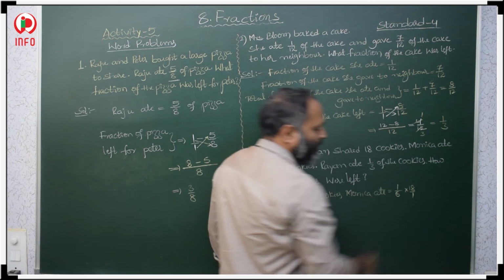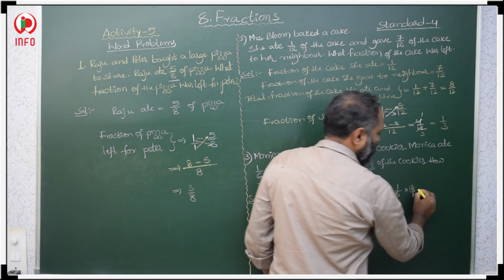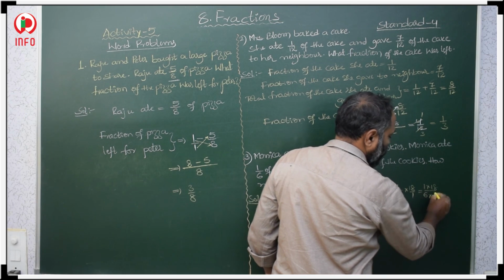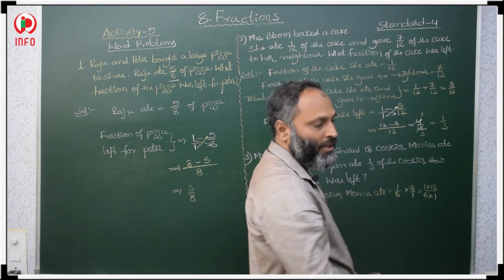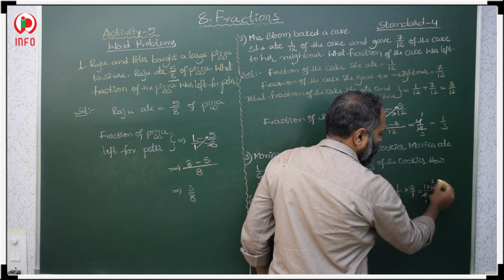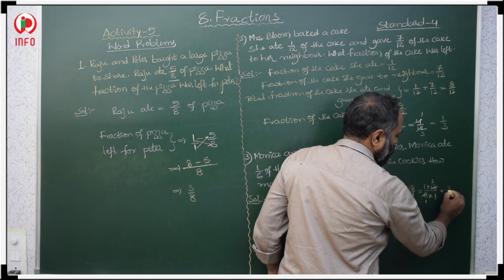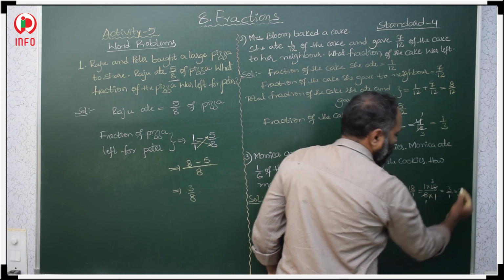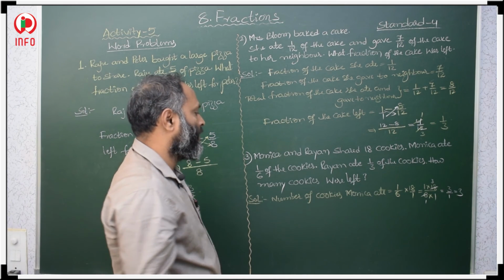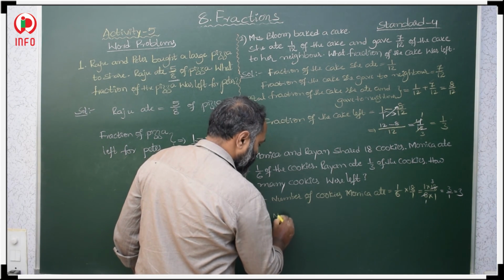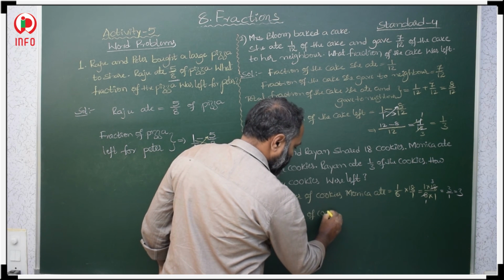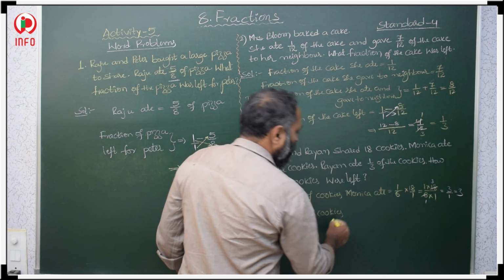There is no denominator, which means it is over 1. Then 1 times 18 by 6 times 1. These two have a common factor, cancel with 6. 6 ones are 6, 6 threes are 18. Then 3 by 1 is 3. 3 cookies she ate, Monica. Then the number of cookies Rayan ate.